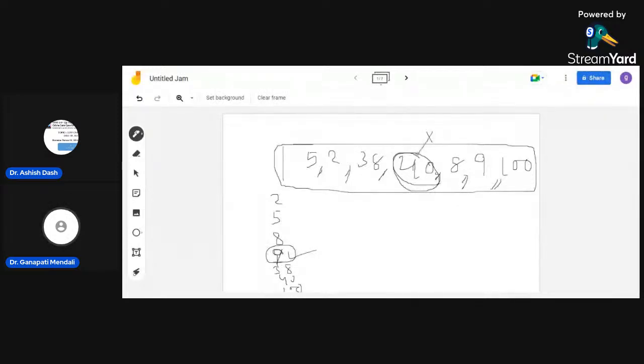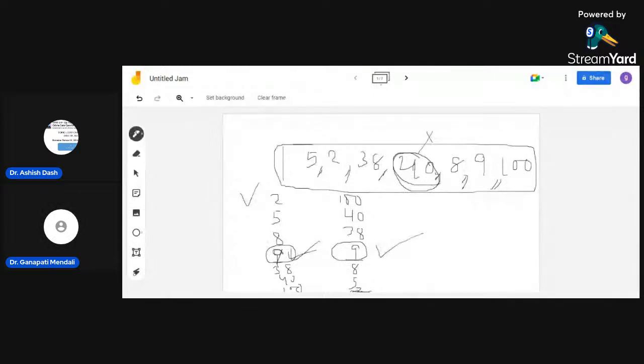Now in descending order: 100, 40, 38, 9, 8, 5, 2. Again three are gone on each side, and the median is 9. Whether you arrange in ascending or descending order, the value of the median remains the same.